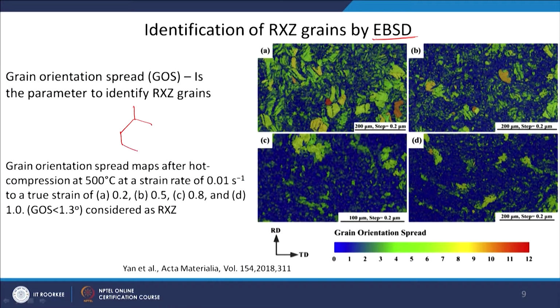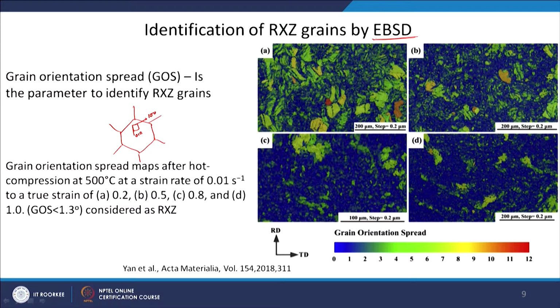Now, suppose I take a grain here. If this grain does not have any subgrain or any large dislocation density, and suppose I want to know the orientation of the unit cell at every point, looking from the top right now, so this is my 100, let us say this is my 010, so 001 is coming up.